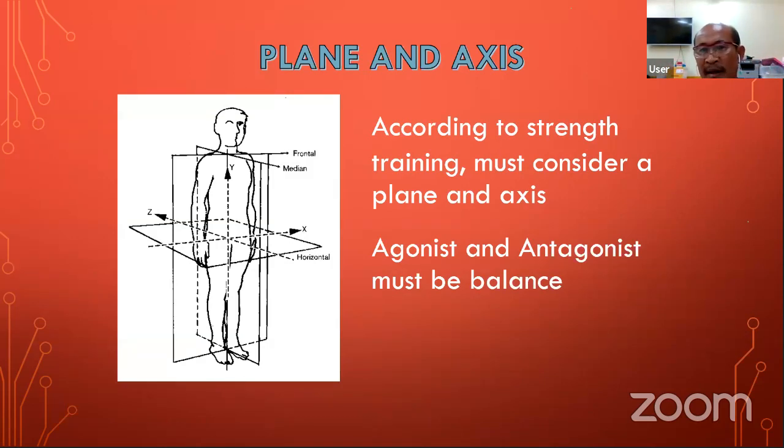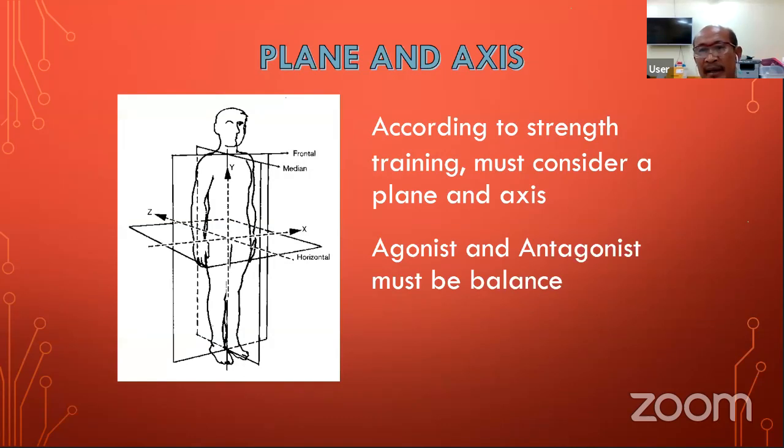I can give you an example. If your hip flexors are weak and your hip extensors are very strong, it means your gluteus is very strong. The problem will be that your athlete will have tight hip flexors. The iliopsoas will get tight and cannot stretch.